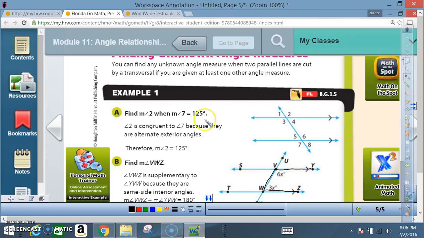So right now what we know is that the measure of angle 3x plus the measure of angle 6x is equal to 180 degrees.